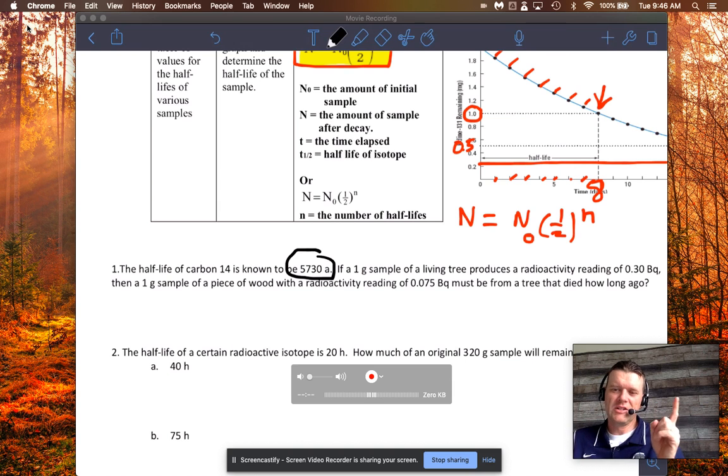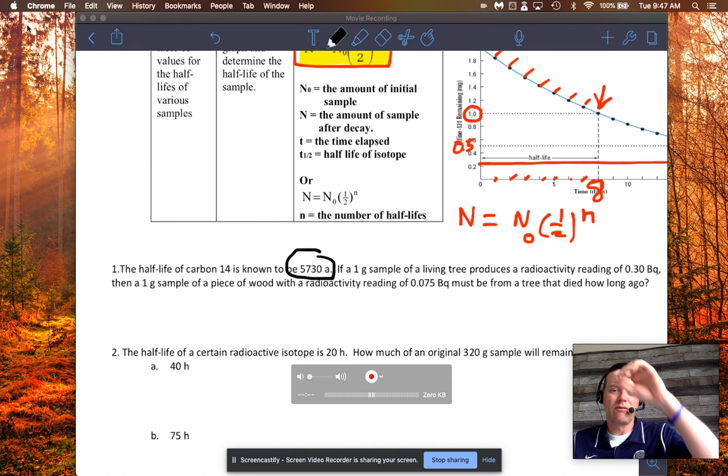Now, what I should say here about half-life is be prepared for any kind of units. In fact, units that you might not be familiar with. You can measure half-life as a percent. You can use grams. You can use atomic mass units. You can use these BQ. This is a measure of activity, the rate of radioactivity.